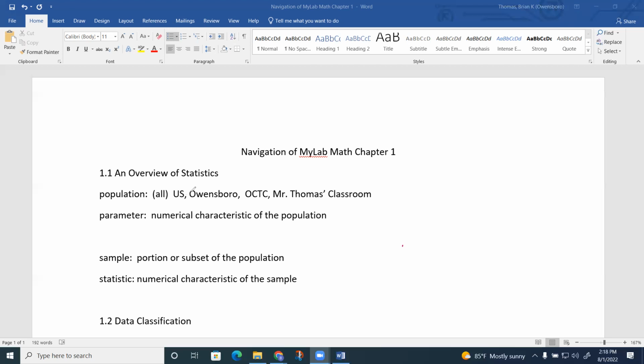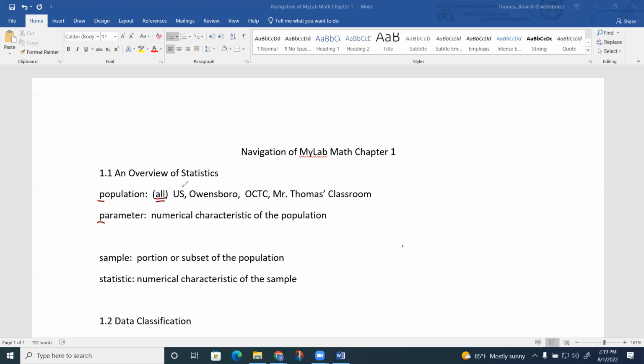If you look in the book, you'll see words like population and parameter. Notice that they both begin with the letter P, so they kind of go together. So population and parameter will be related. As far as the definition of population, population can be very confusing. Basically, you have to read very carefully whatever the question's about, and pick up on this word all.